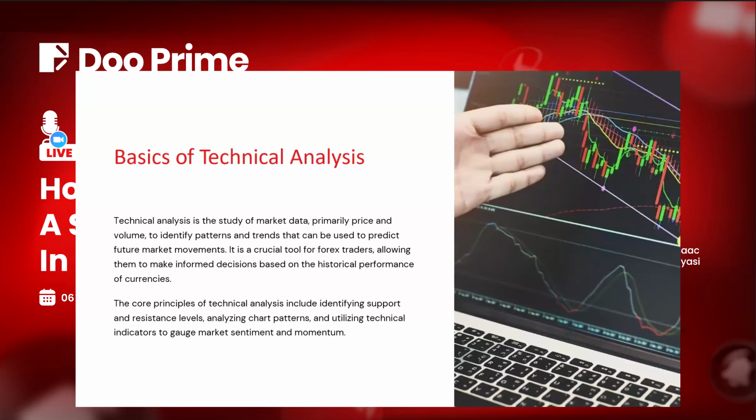So first of all, let's look at the basics of technical analysis. What is the basic of technical analysis? Last time I mentioned that in the year 2000, the US economy was at its knees, right? At its knees. And then they did certain things. And these things actually moved the US economy to a certain level.